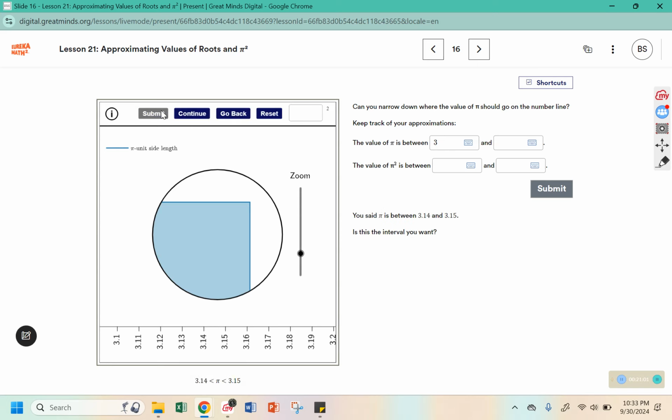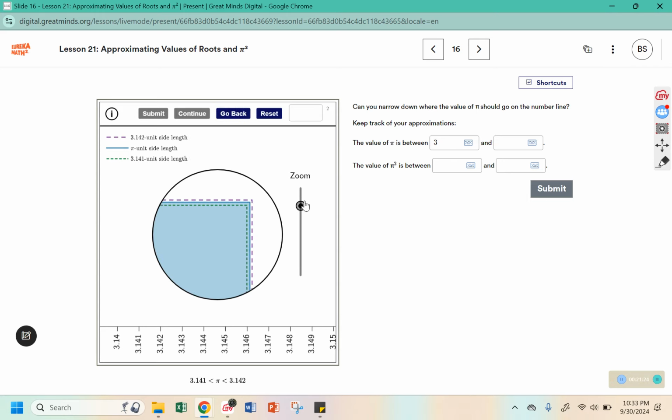We know it's around 3.14. You can see I have one below and one above. So I'm going to continue. Again, I have one below and one above.